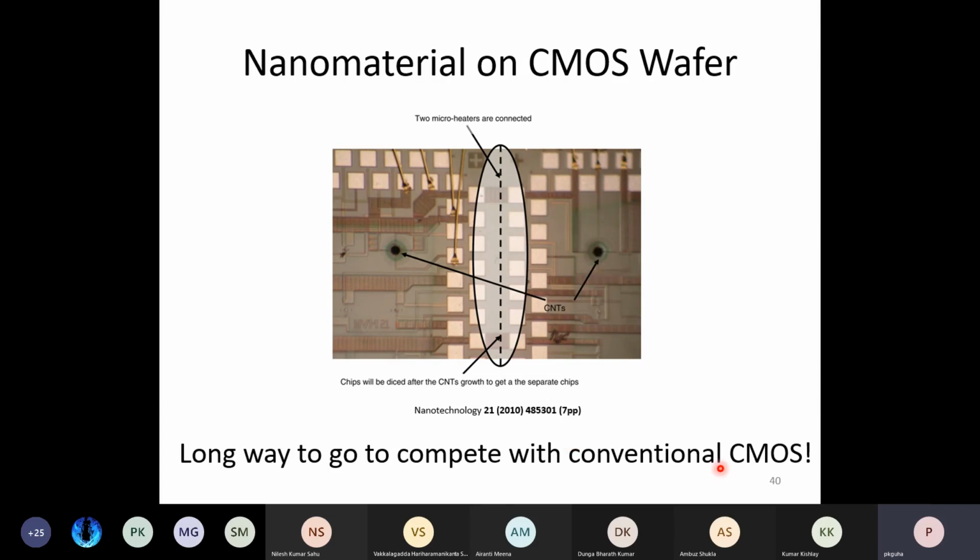So people have developed ways to integrate nanomaterials or nanostructures which are not silicon based.